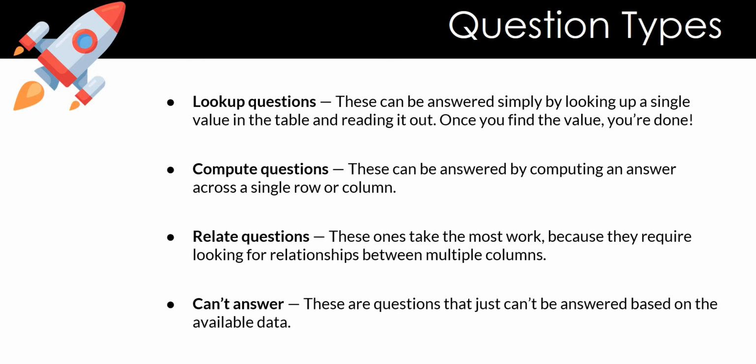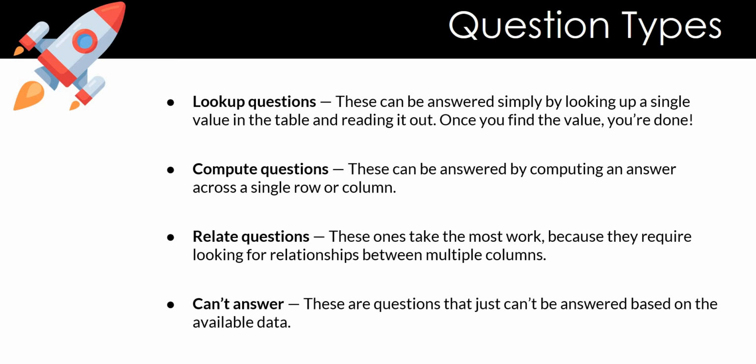So we're going to look at the animal data set and think about the four different kinds of questions we can come up with. That's going to be one of your assignments. So you're going to look at the animal data set. What's an example of a lookup question? Something quick that you can look up, just looking at the animal data set. What's a compute question?